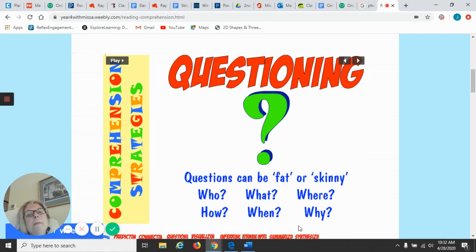A fat question really makes you think beyond what the text is saying, or they can be skinny, which is an easier question, like where does the story take place? What is the name of a character in the story? Those are skinny questions because they are right there in the text.